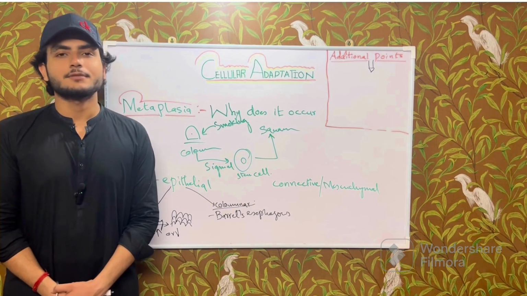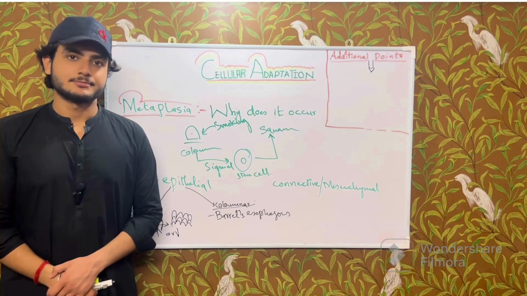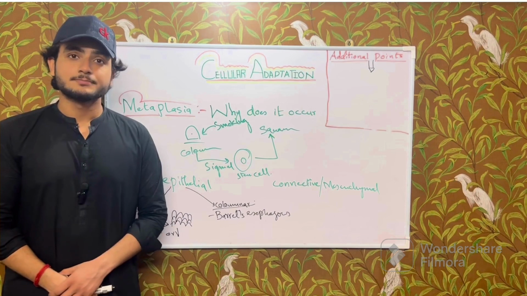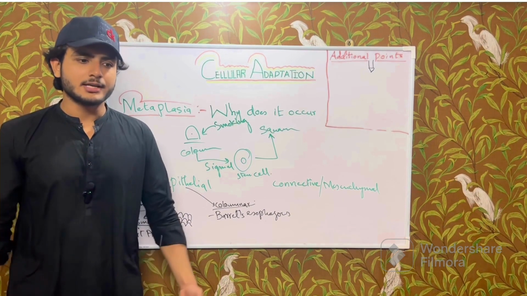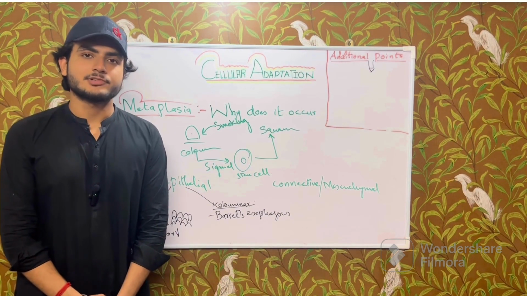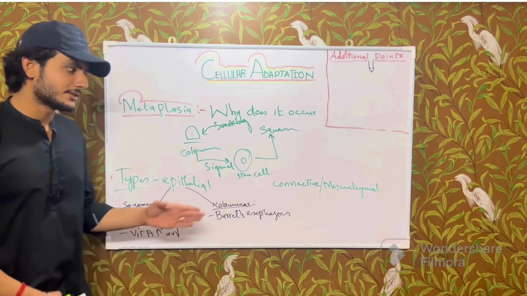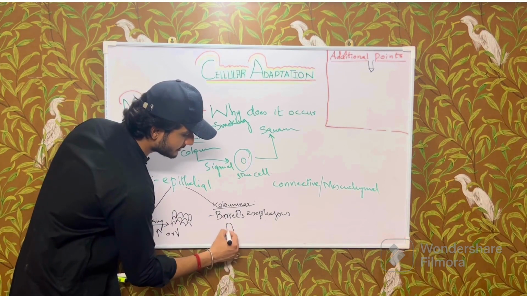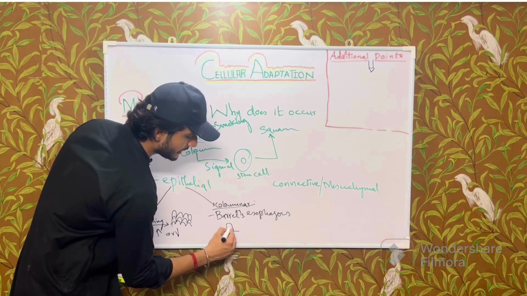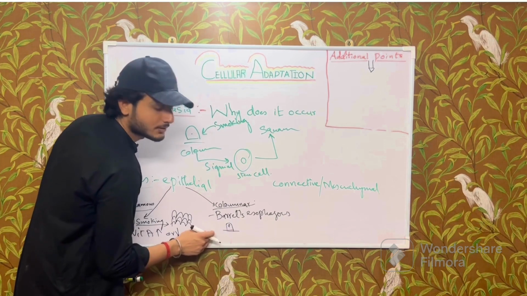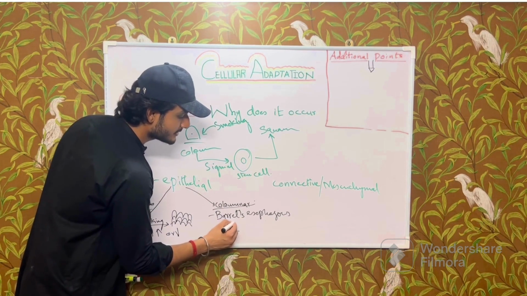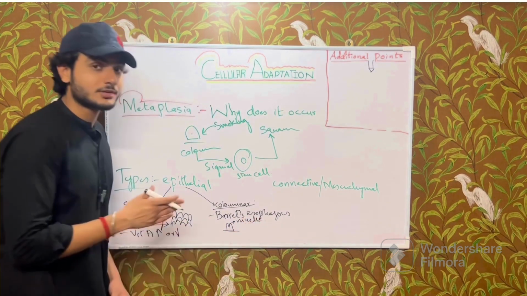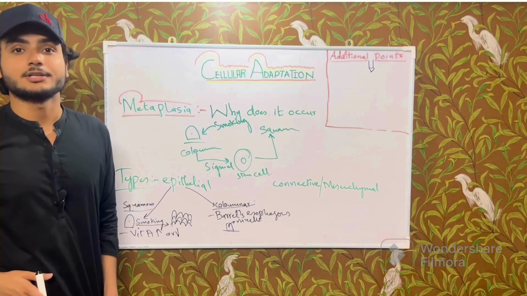These squamous cells cannot withstand the impact of acid, so they have to be converted into columnar epithelium. How can columnar epithelium withstand the acid? Because the columnar cell has mucin granules, which release mucus, and this mucus neutralizes the impact of acid.